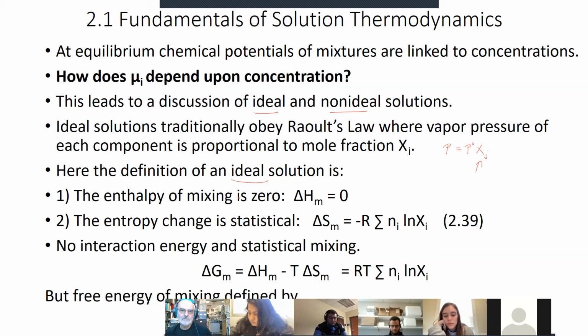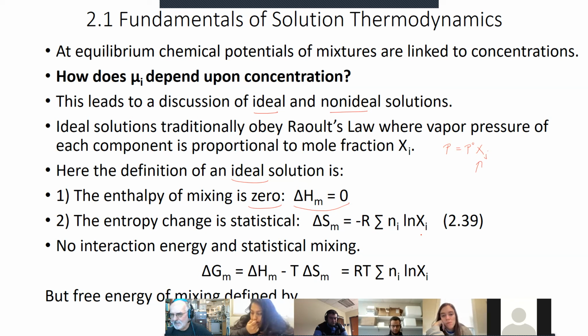The enthalpy of mixing is 0. We've already said this up above about the internal energy. The components don't interact, and so mixing them doesn't lead to any interaction. So the enthalpy of mixing gives you 0. The entropy is purely statistical in the way that we've been making mixtures. How do you combine various things? Let's count the ways.